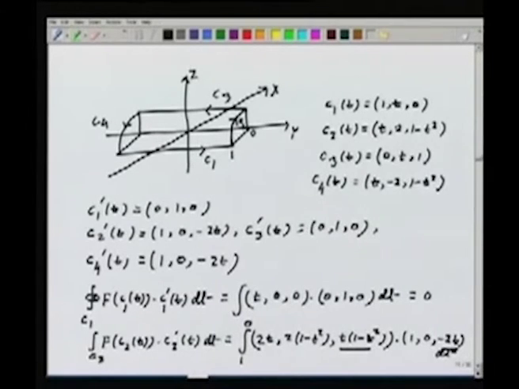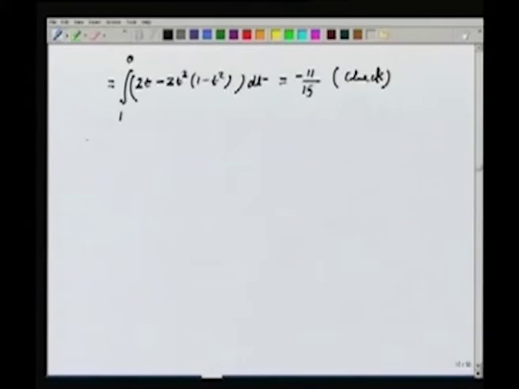I have to now go through C3. So what is f of C3? I know the formula of C3. This is (0, t, 1). So I have to calculate what is f of (0, t, 1). This is xy, which is 0, then yz, then zx, that is again 0.